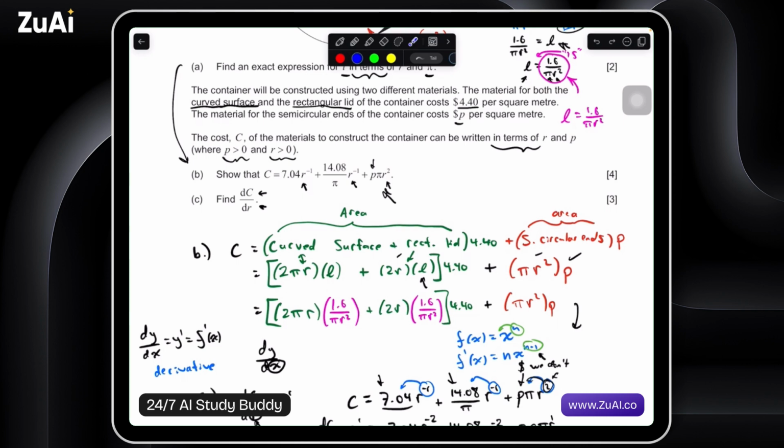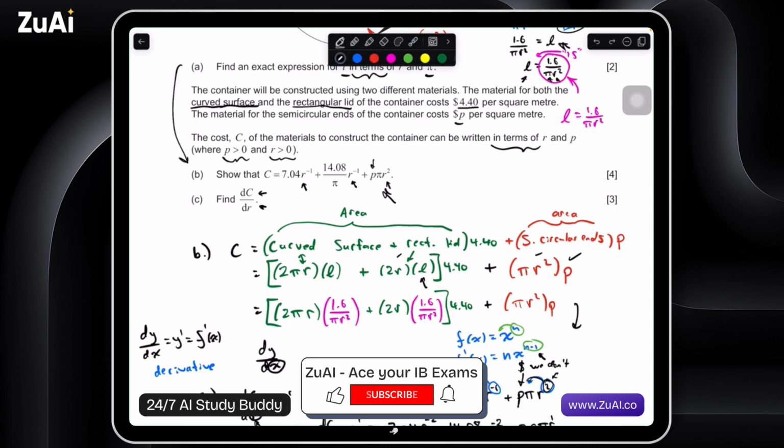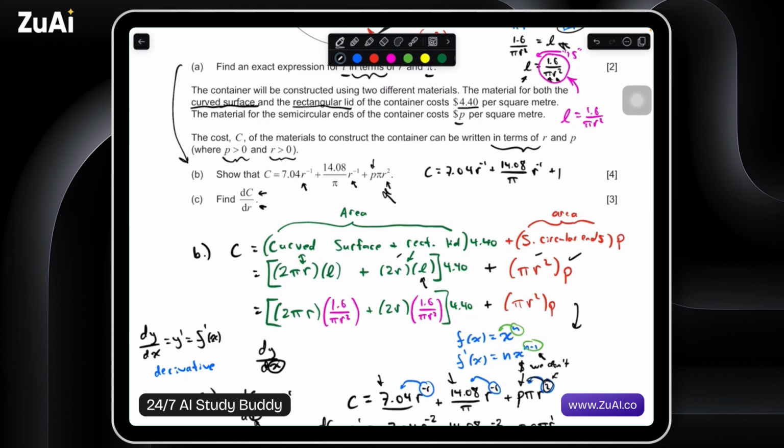Yeah, it's a little unfortunate that a question which is, to be honest, not so challenging as an input-output, if you just know your values and then multiply by 350, does itself depend on a previous question. I'm going to write this out just so we can substitute it in a little further below. r to the -1 plus 14.08 over pi r to the -1 plus p pi r squared.